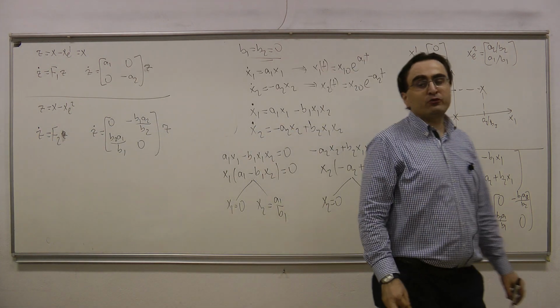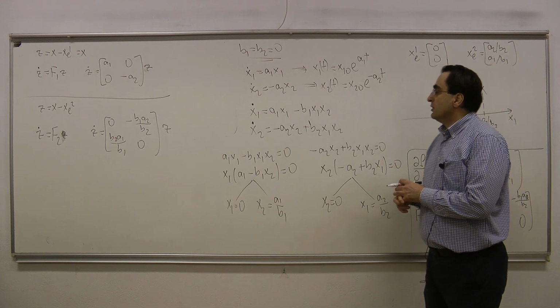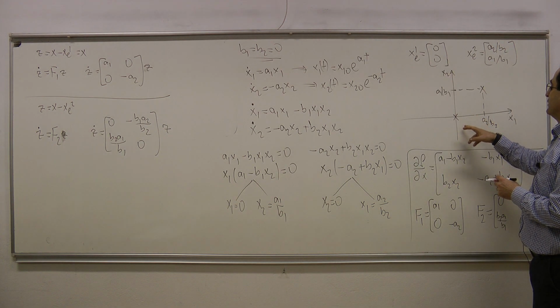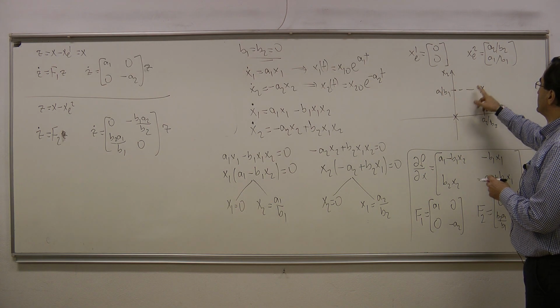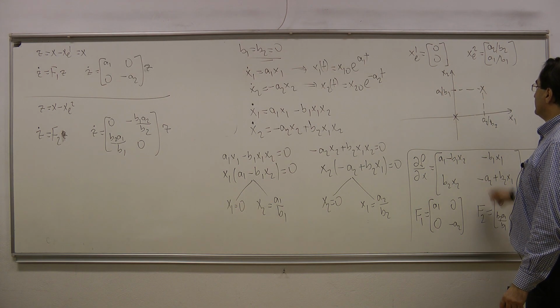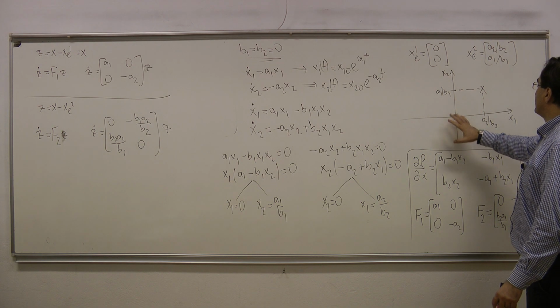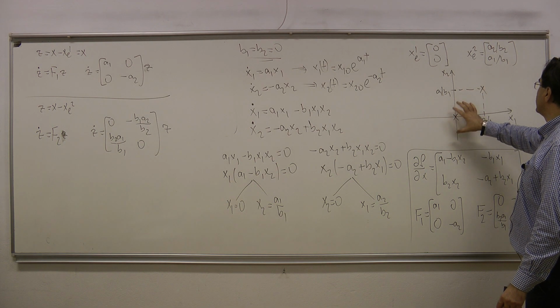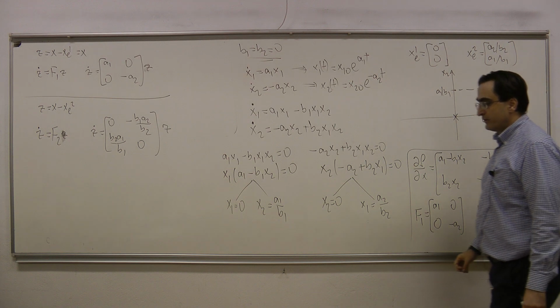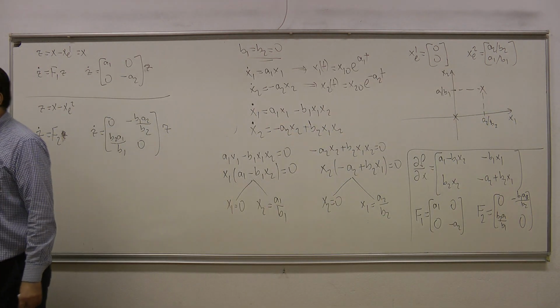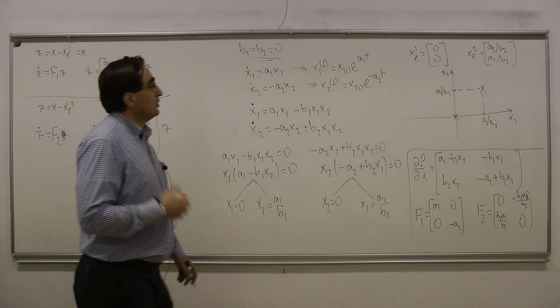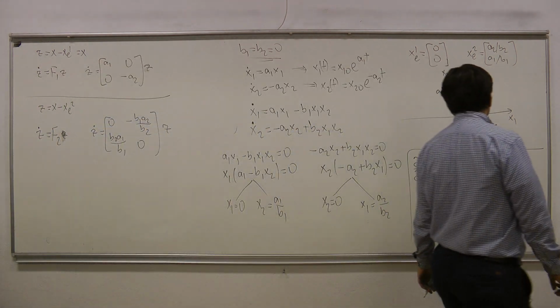So in the future parts of this course, we are going to analyze the trajectories of the nonlinear system around its equilibrium points. Okay? How are we going to do that?